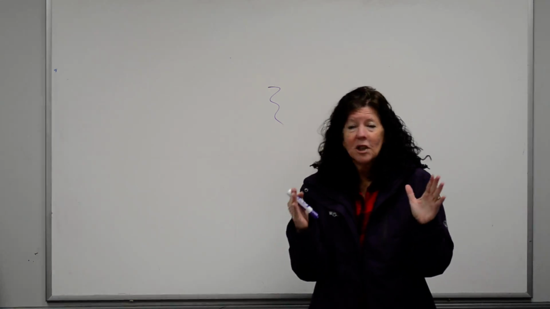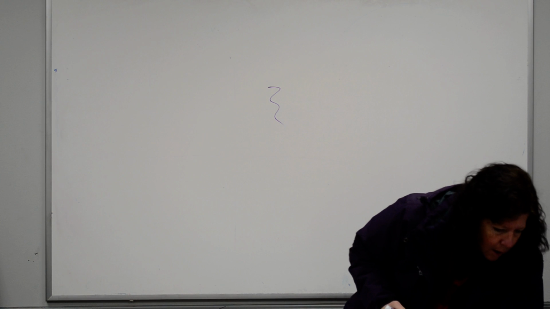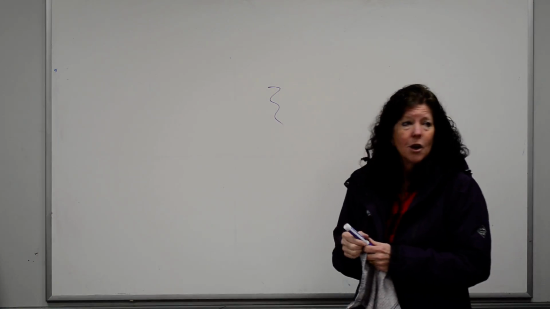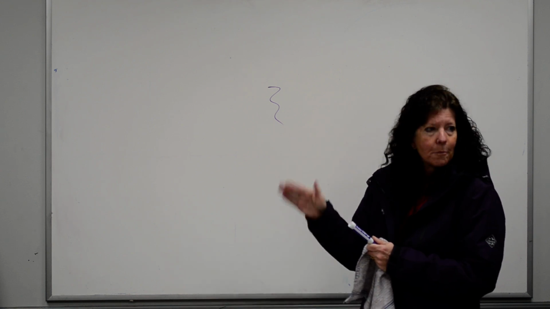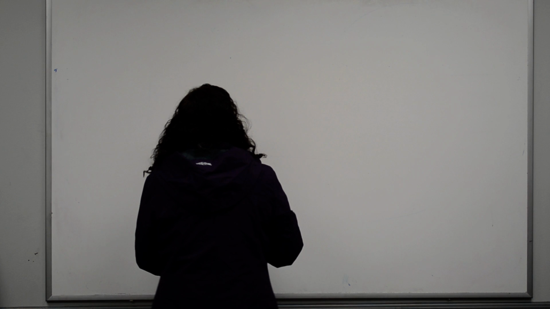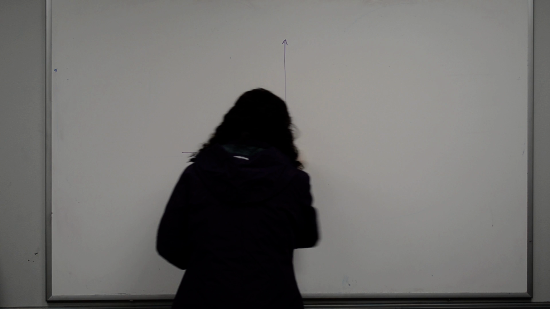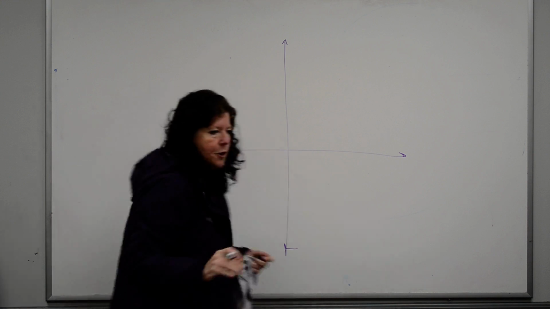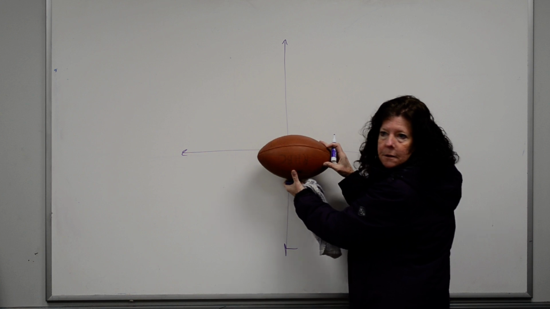Now on your little cheat sheet, which is the same thing I have over here on the board, you're going to have two sides of your cheat sheet. You're going to have the left side where it's a horizontal major axis. And what that means is your ellipse is going to go like this.